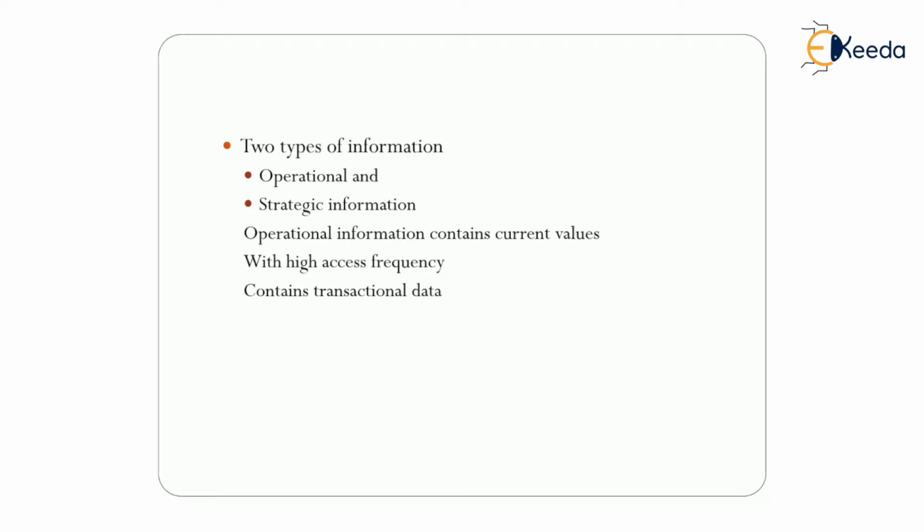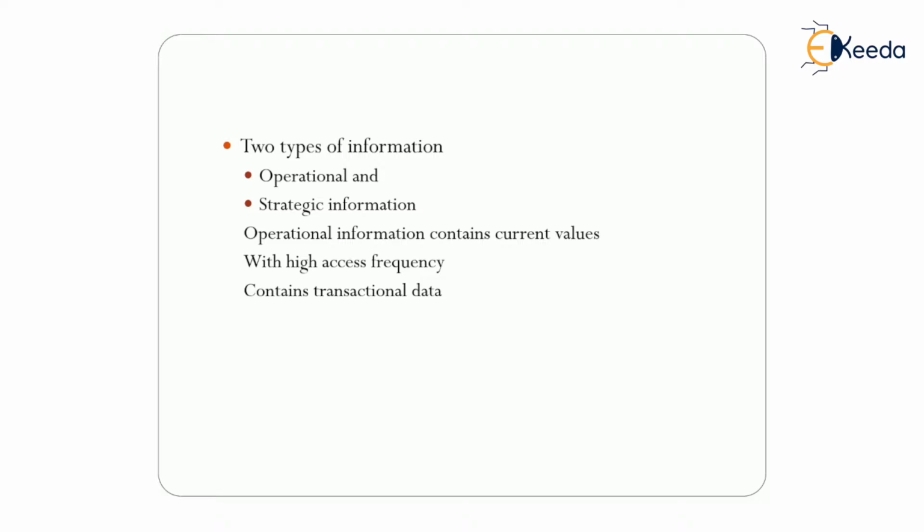So, all the data related to your bank transaction is the operational information. So, it is known as the transactional data. So, the operational information contains transactional data and it is having high frequency of access. That means the data is frequently accessed.